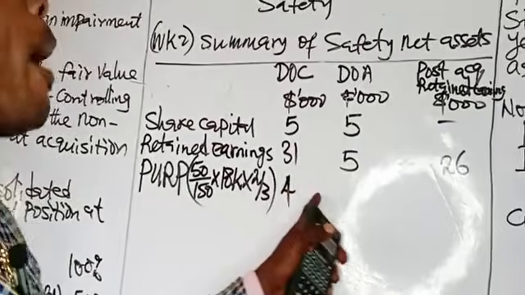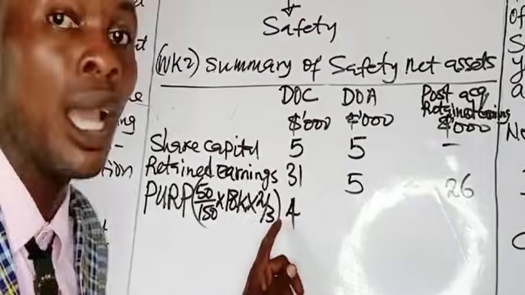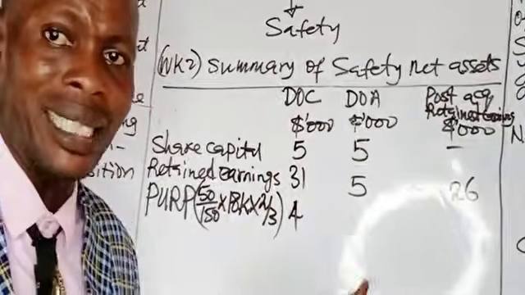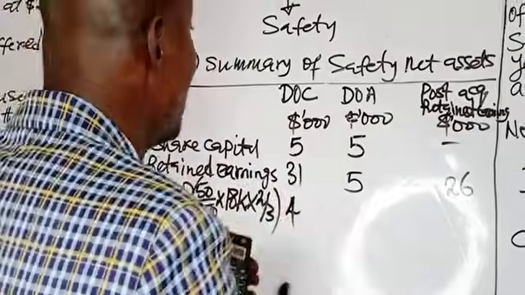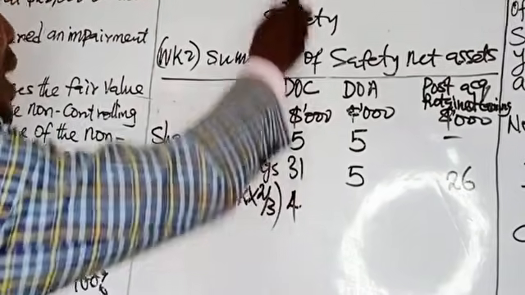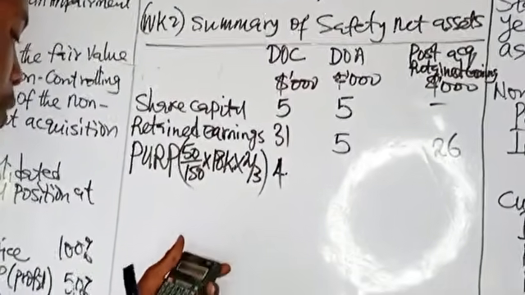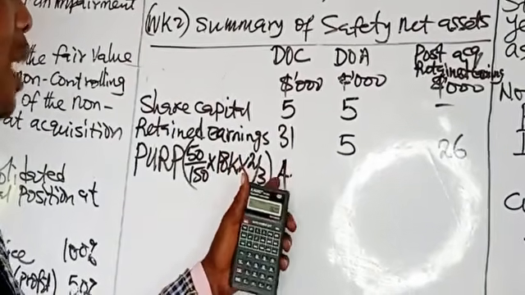I've told you to avoid the ambiguity connected with sharing this unrealized profit between the parent and the non-controlling interest, better still that you use it in the summary of net assets. Because if I say calculate 90%, since the parent stake is 90%, you calculate 90% of 4,000, that gives us 3,600.